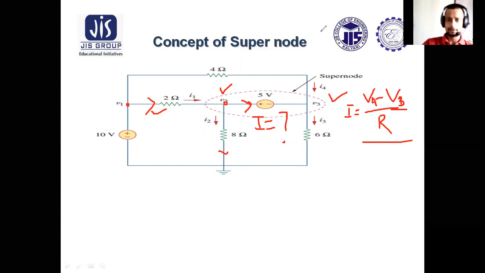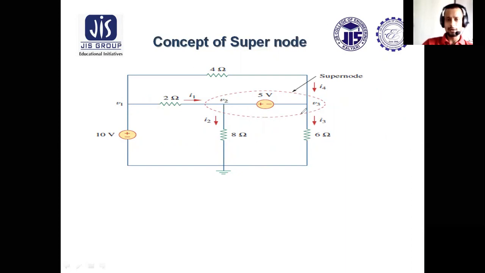So if we have one such branch consisting of a voltage source between two nodes, then the current through this branch could not be determined in the conventional way. So in that case, we'll consider these together as a supernode.